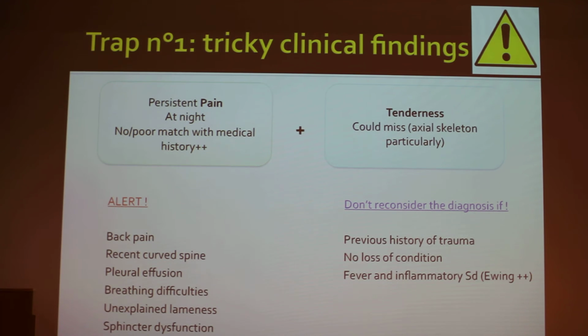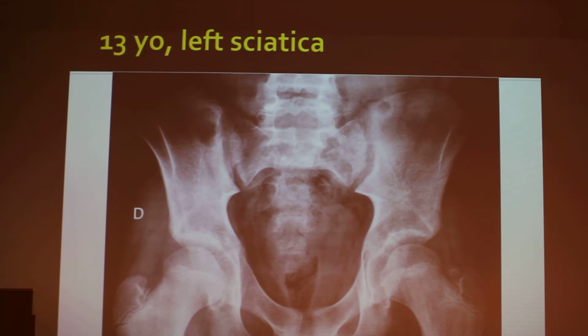I want to emphasize this point. So let's start with this case of a 13-year-old male with left sciatica. We have pelvis radiographs here, an AP view. Can you see something here?